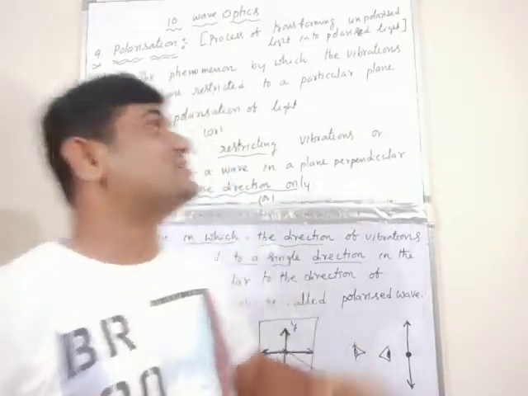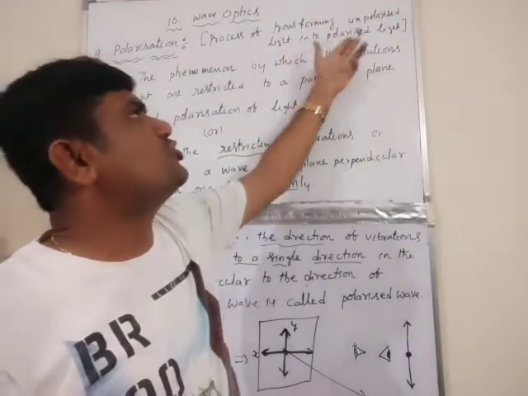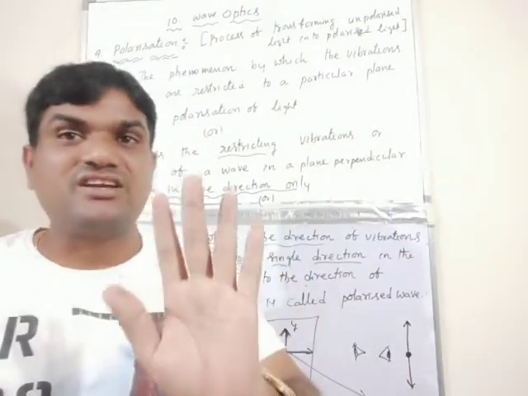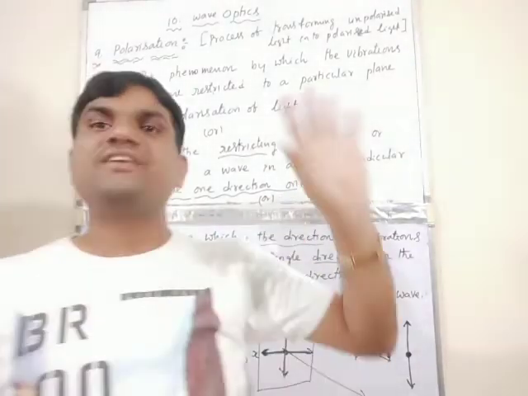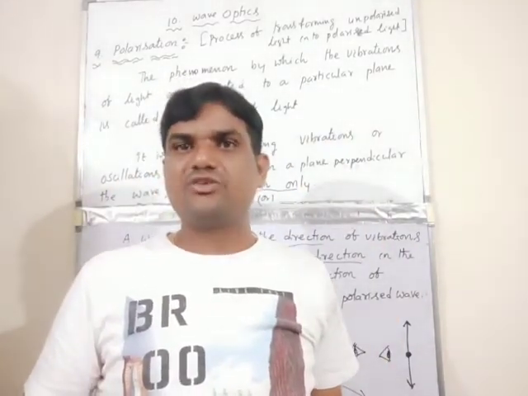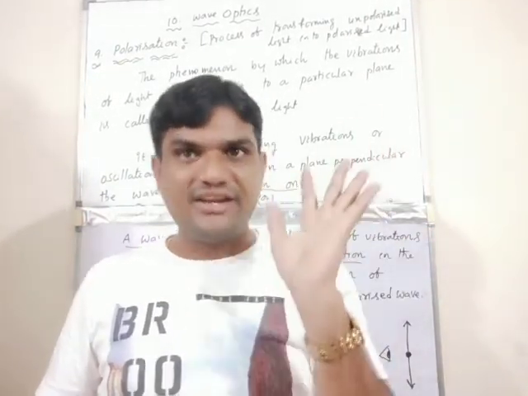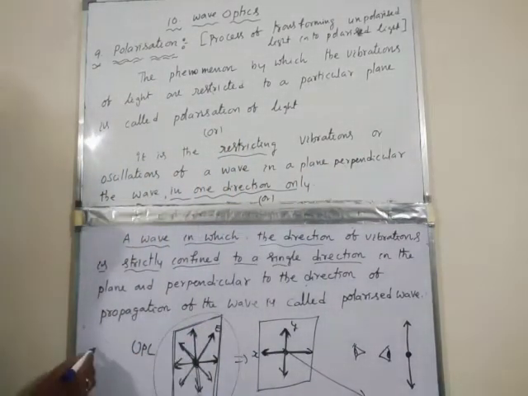So now I'm asking the question: I want to reduce the intensity. That is nothing but the process of transforming unpolarized light into polarized light. The polarized light intensity is nearly half of the unpolarized light intensity. For example, if the unpolarized light intensity is I, the polarized light intensity becomes I by 2.